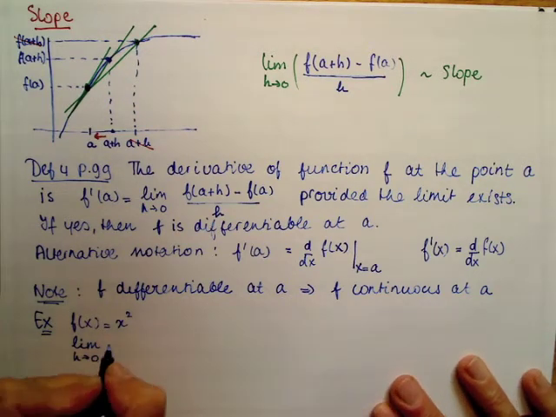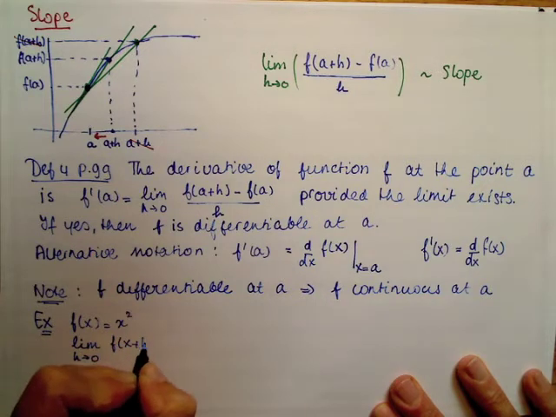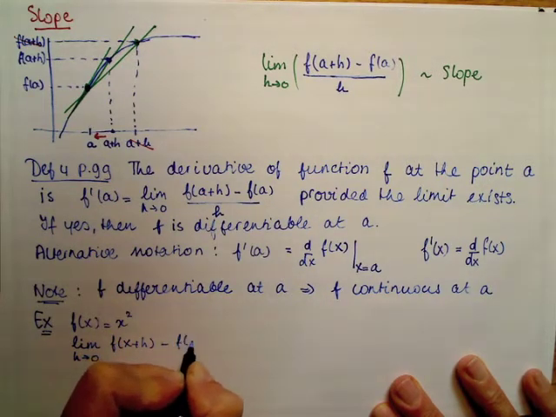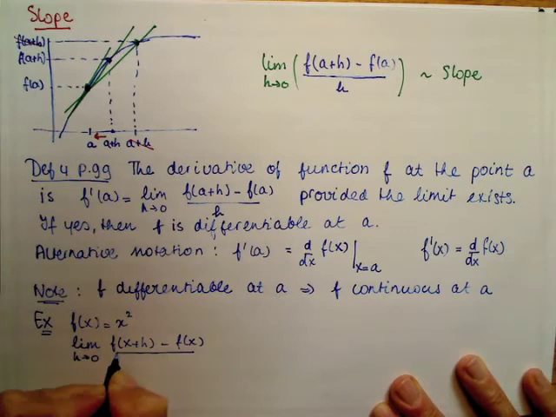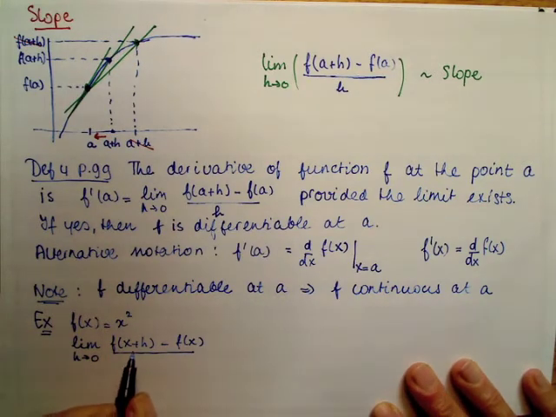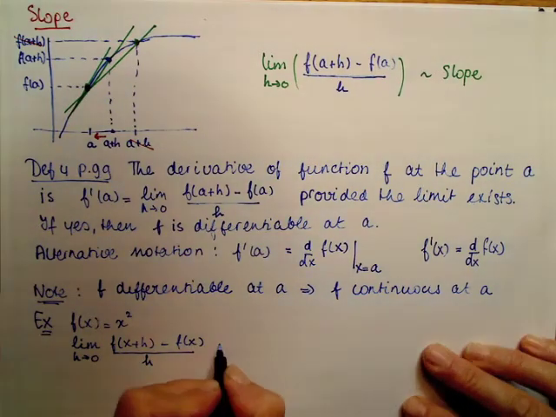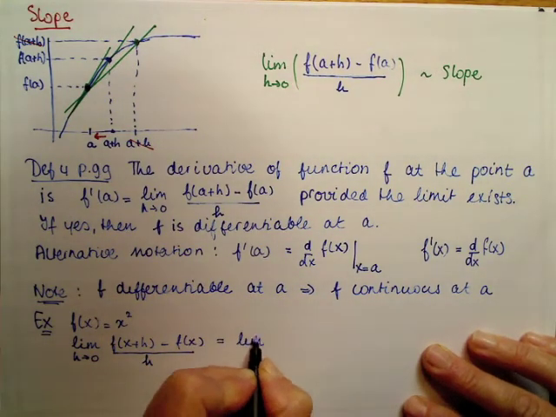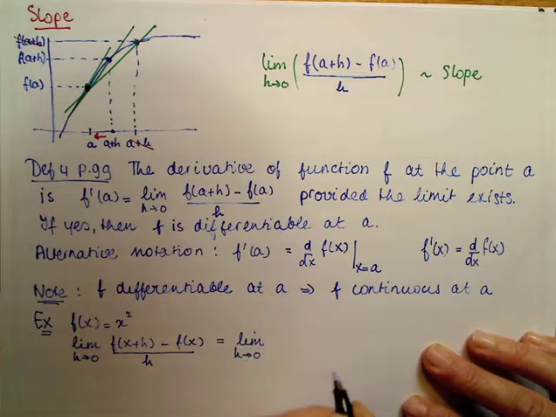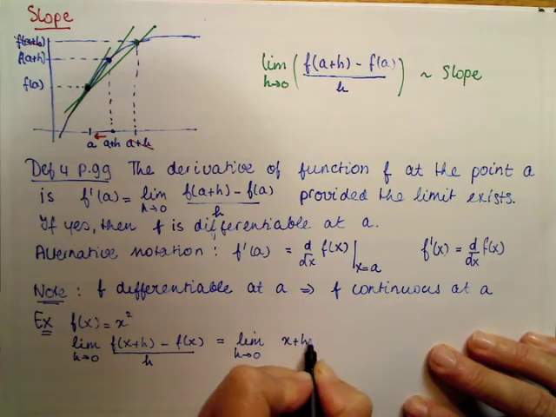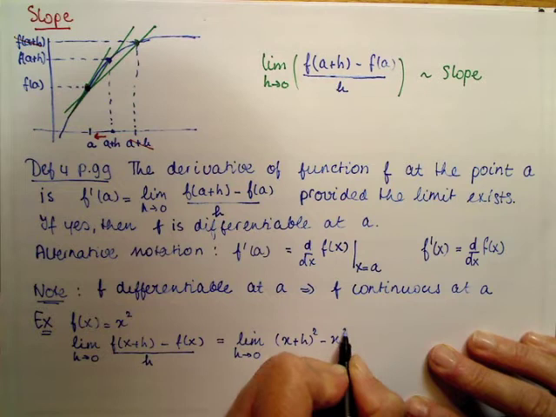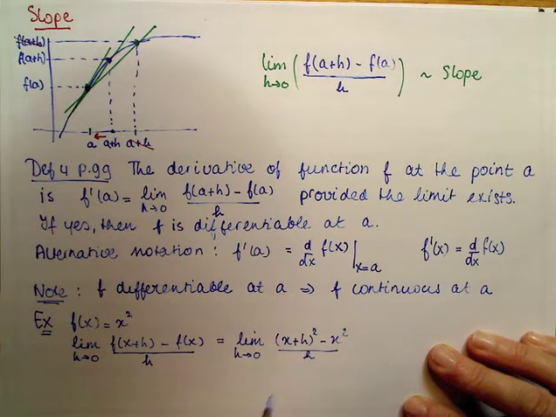We can just leave x over here. So we look at the difference between the height of the function at the point x plus h and x. We divide by the difference in input, which is x plus h minus x equals h. Now we plug in the formula for our function. So this is (x plus h) squared minus x squared, divided by h.